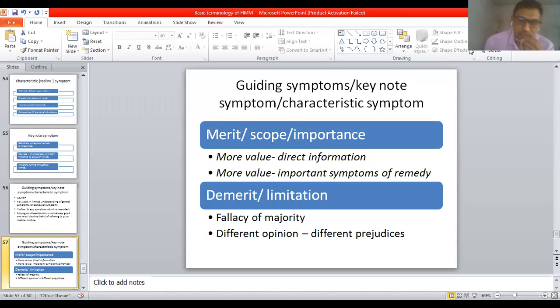In the previous meeting, we discussed guiding symptom, keynote symptom, and characteristic symptom, and we were discussing the merit and demerit of this terminology. The merit of these terms is that all these are direct symptoms, directly given by the prover.